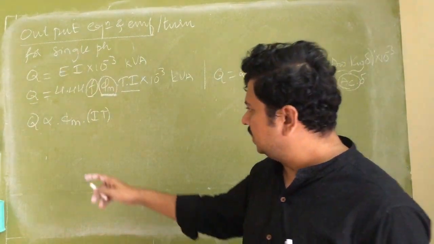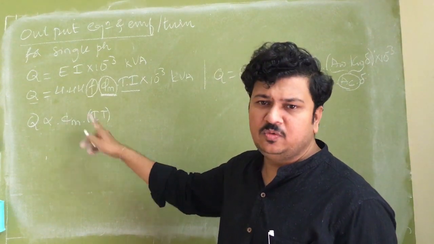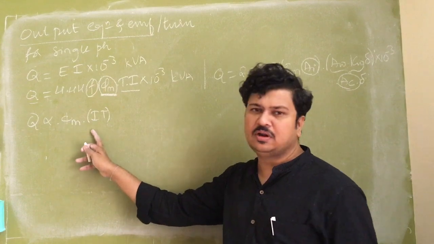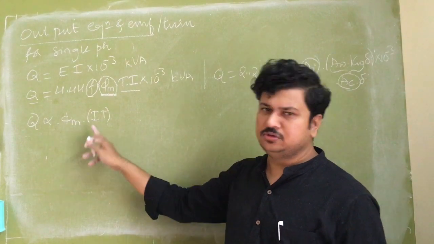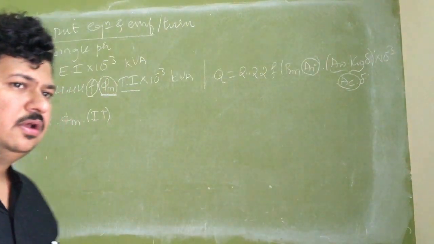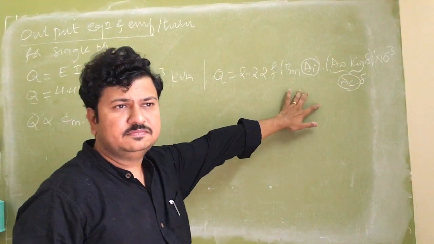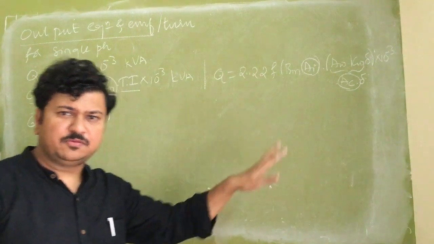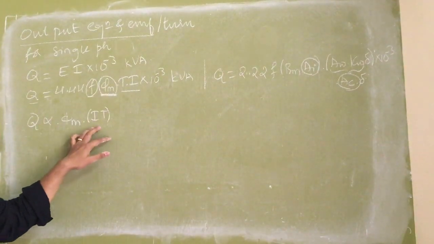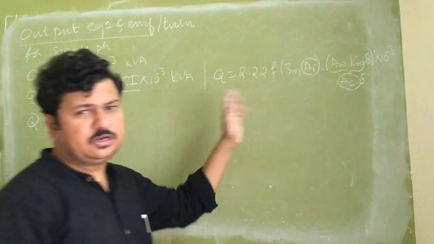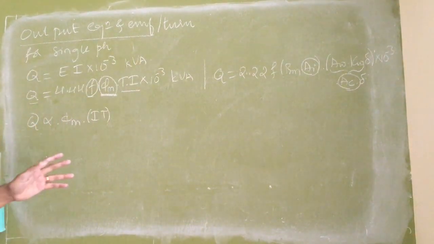Therefore, the ratio of phi m to IT will also remain constant. Please don't forget that the flux is deciding the core area, flux is a function of core area, and ampere turns is deciding the copper area. We can see the substitution in the previous two derivations.